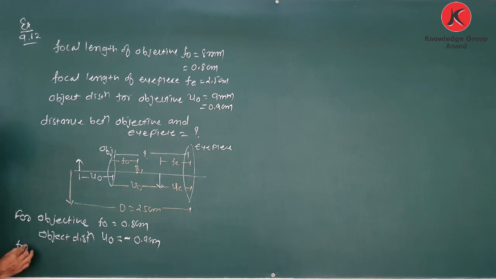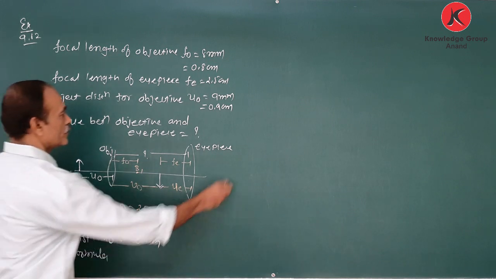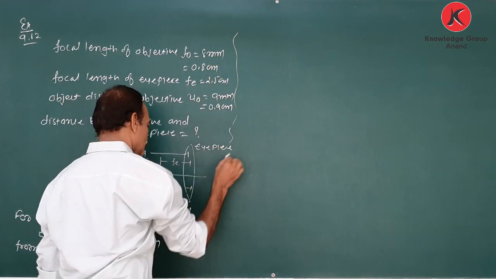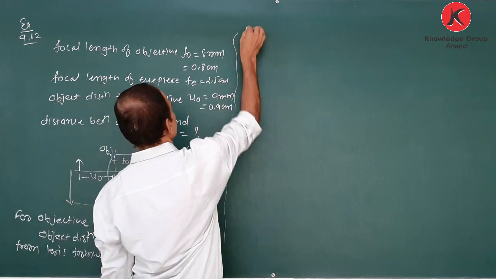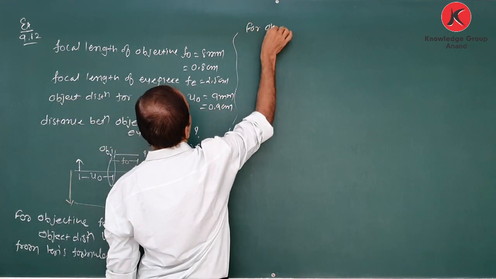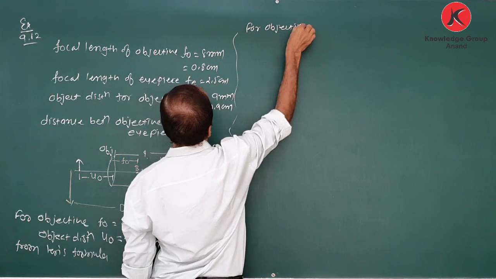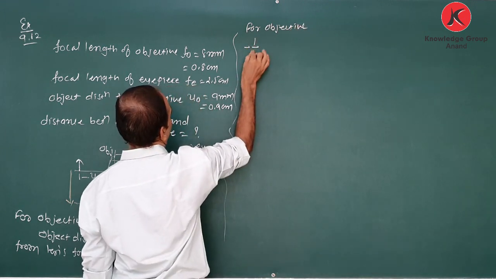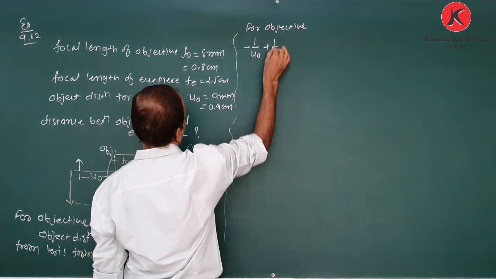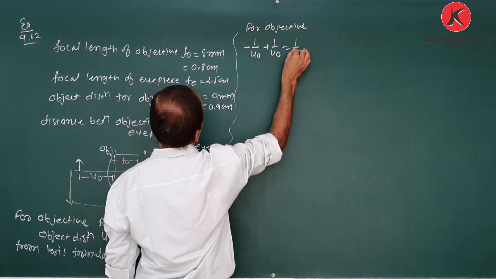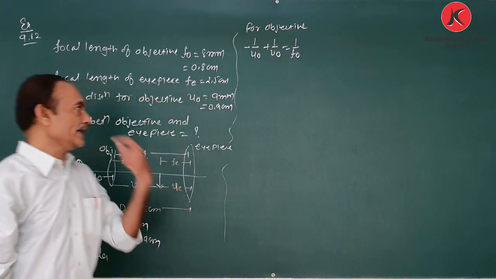Therefore, from lens formula for objective, minus 1 upon u0 plus 1 upon v0 is equal to 1 upon f0.